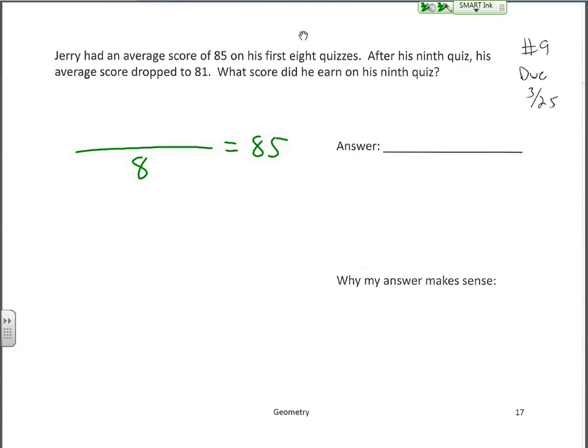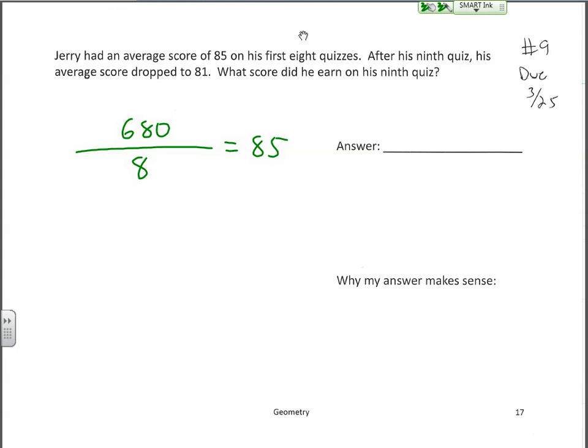So one method here is to figure out what the sum of all of his 8 quizzes is. Multiplying 85 by 8 gives us 680. It's impossible for us to tell what each individual score is, but we know that all of them together total 680, because 680 divided by 8 equals the average score of 85.